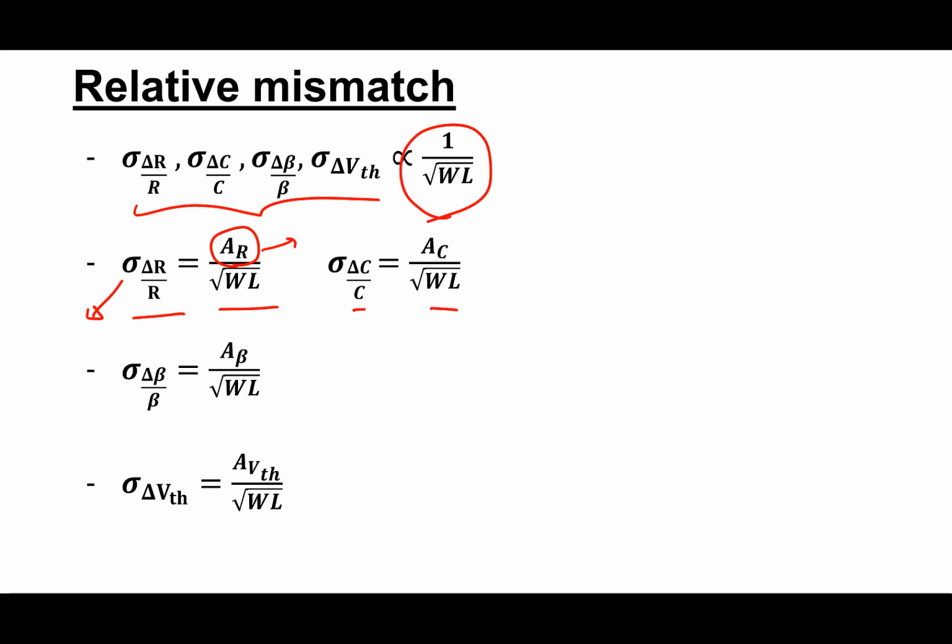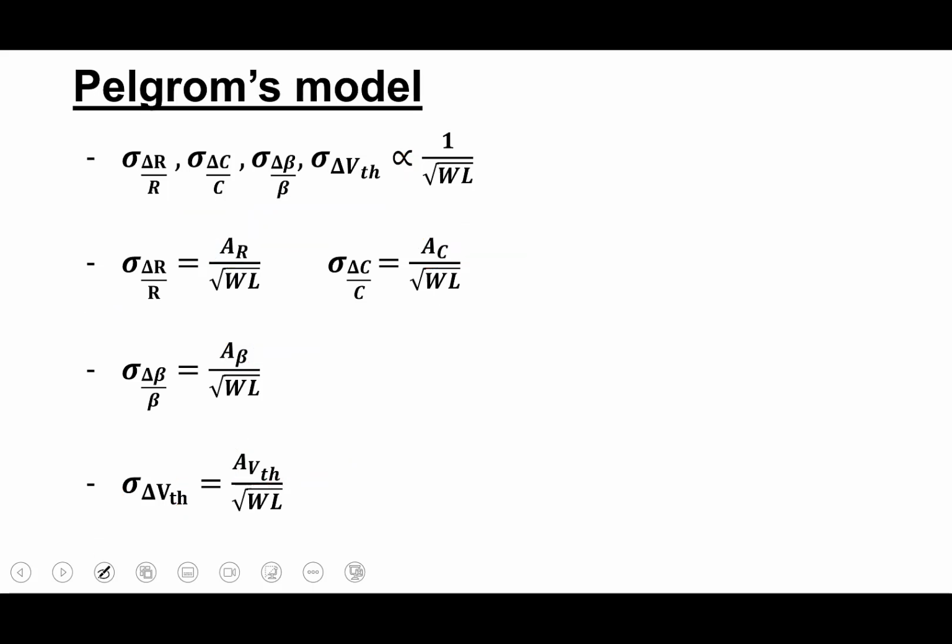Meter, not meter square, meter, right? So this will also have units of meter. This will also have units of meter. What is the unit of this? Voltage. So this will have units of voltmeter. It's not the voltmeter, the meter that measures voltage, but yeah. And this is typically called Pelgrom's model.